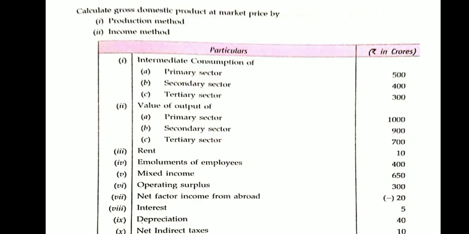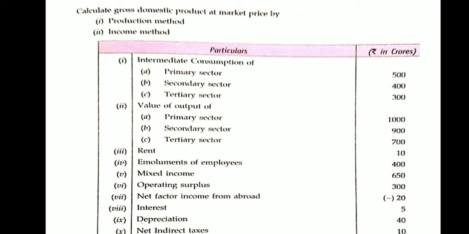Now over here calculate gross domestic product at market price, that is GDP MP, that you need to calculate, not NNPFC. Over here national income is not asked, what you need to calculate is gross domestic product at market price. Please read the question properly and then calculate.